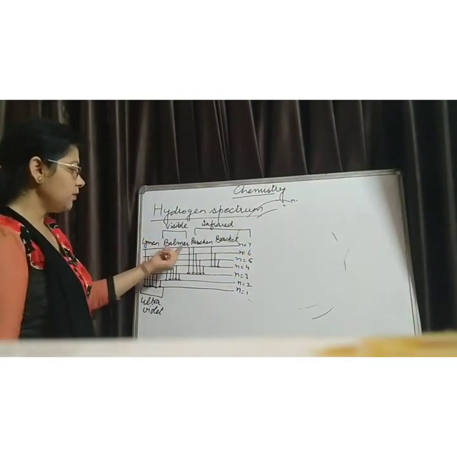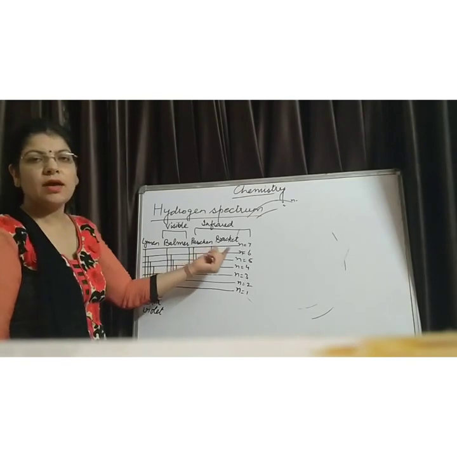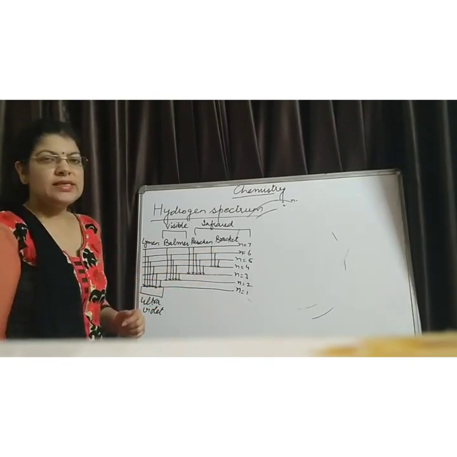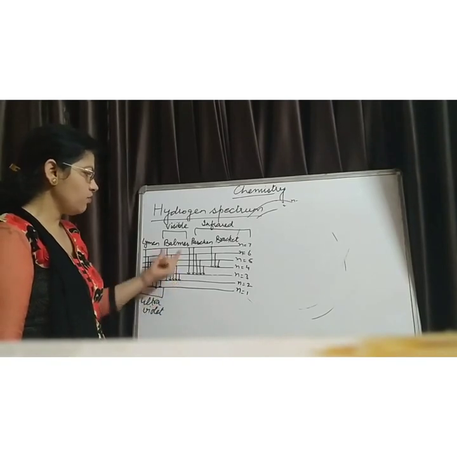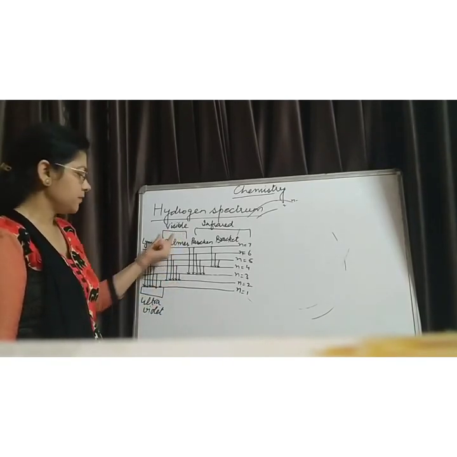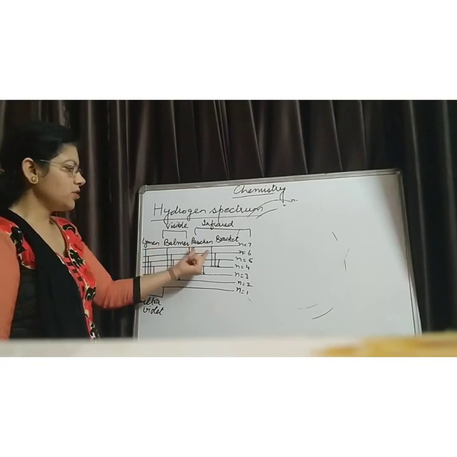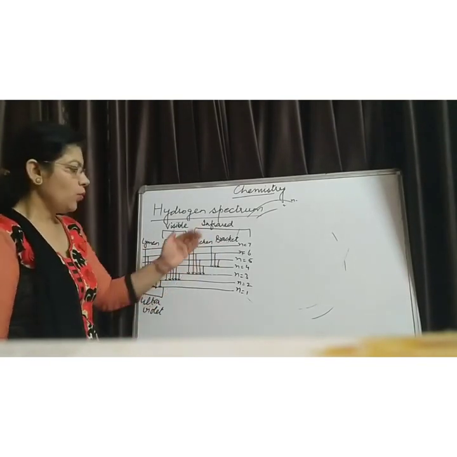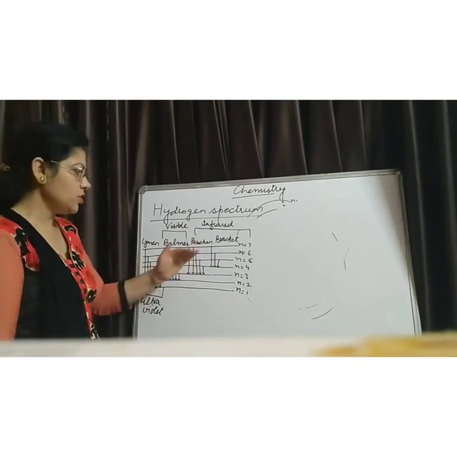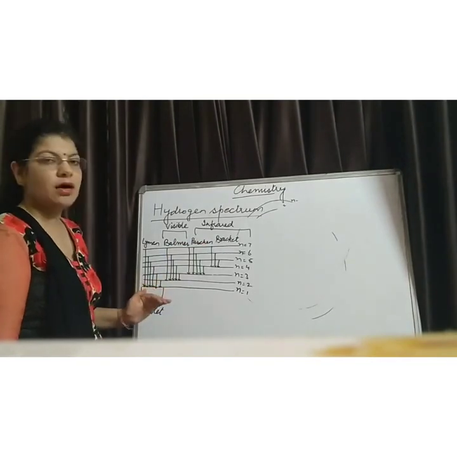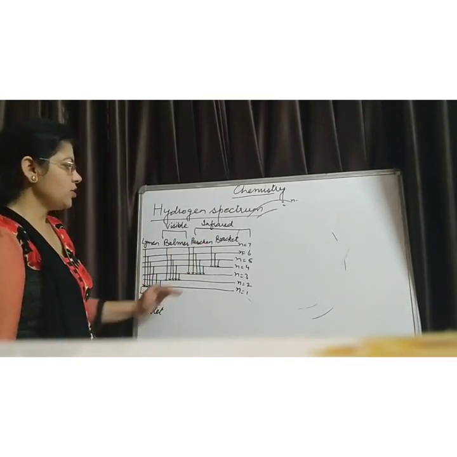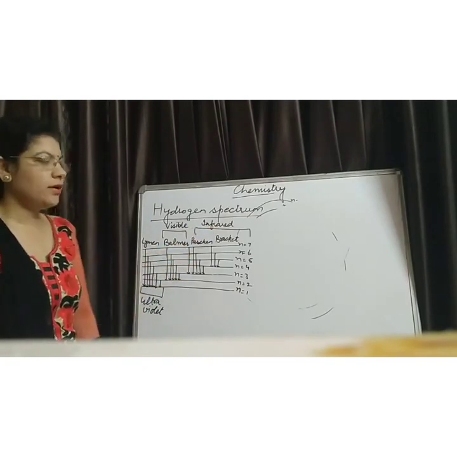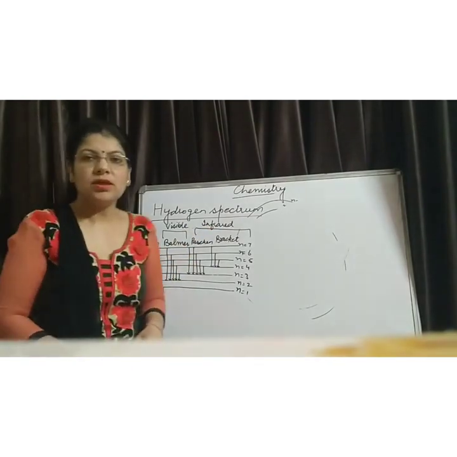Out of Lyman, Balmer, Paschen and Brackett, we can see only the Balmer series, because it falls in the visible region. Lyman, Paschen as well as Brackett, we can't see, because these radiations fall either in ultraviolet or infrared radiations.